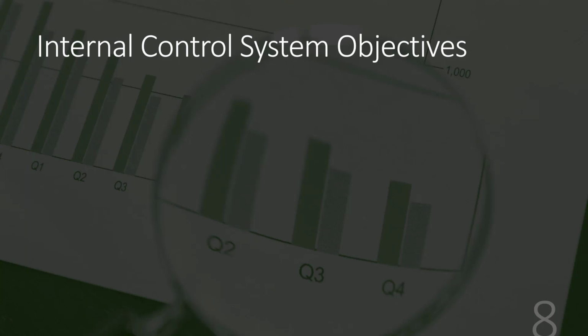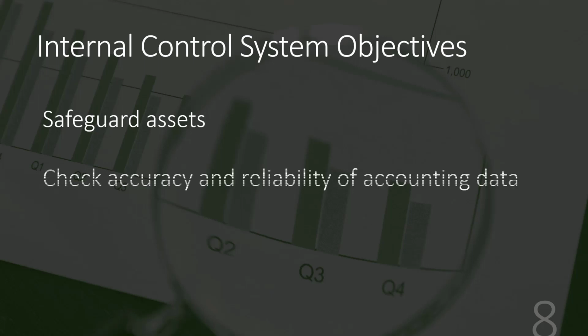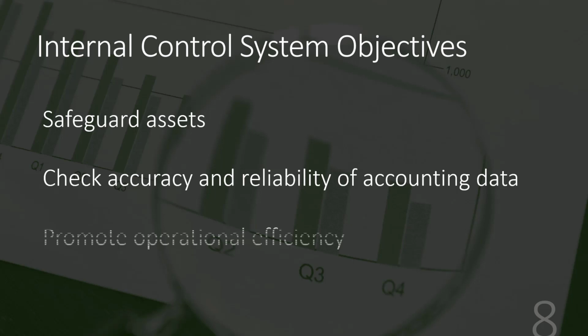Some of the key objectives we're trying to accomplish with the control system are, one, we want to safeguard assets in the organization. We want, from an accounting perspective, to make sure that our accounting data is accurate and reliable. So we've got some checks built into our controls.